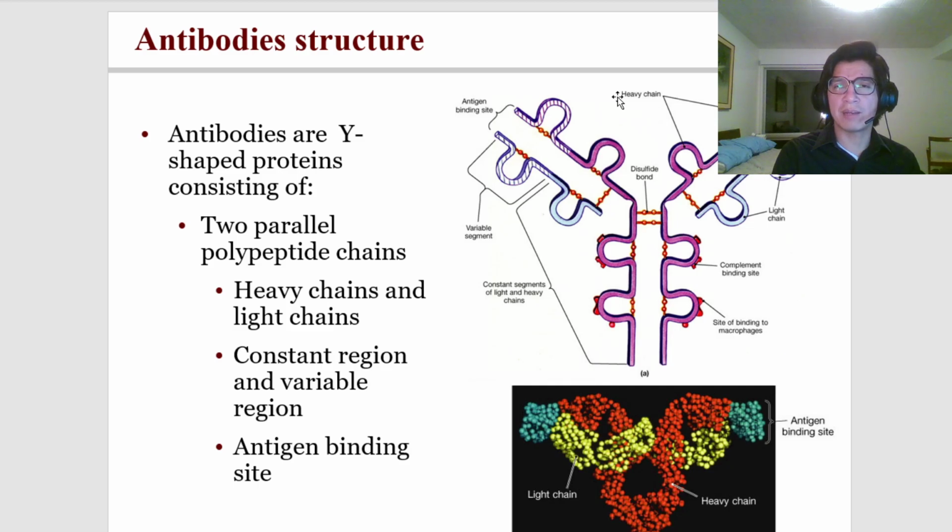Look at the antibody. It doesn't seem to have a complex structure to be able to just create custom regions that would recognize whatever antigen it wants.